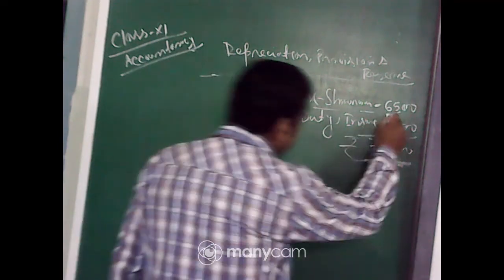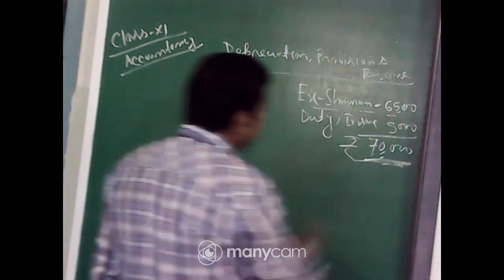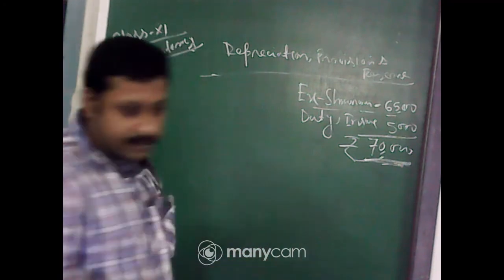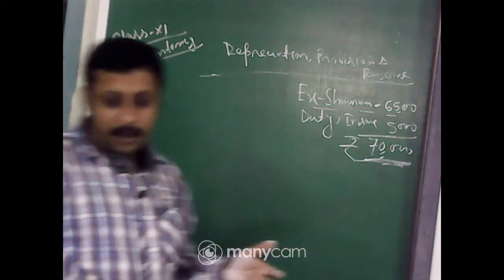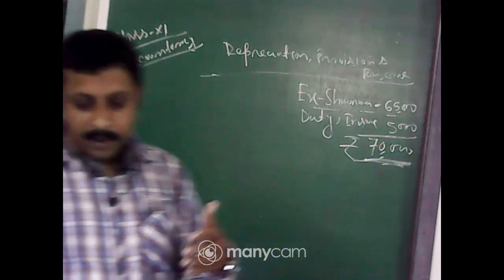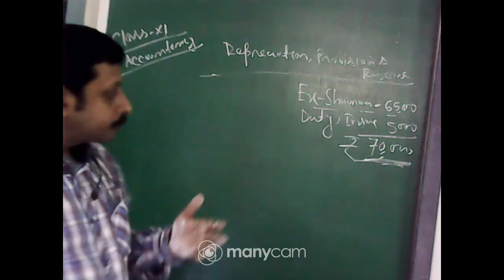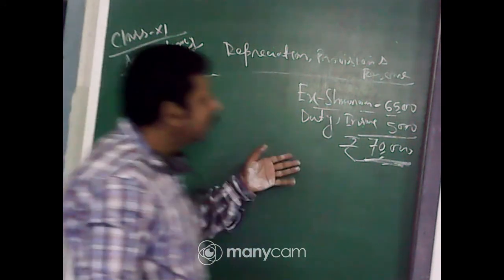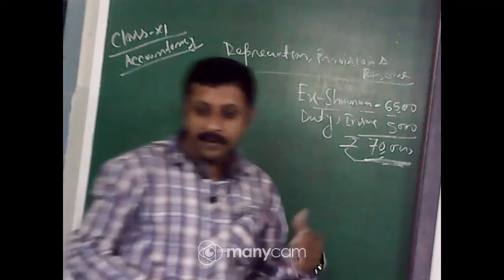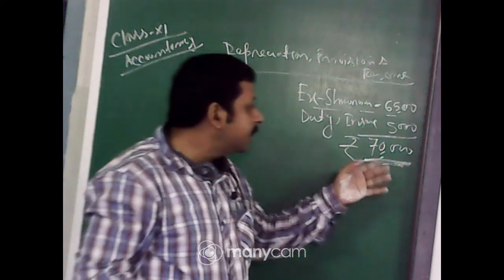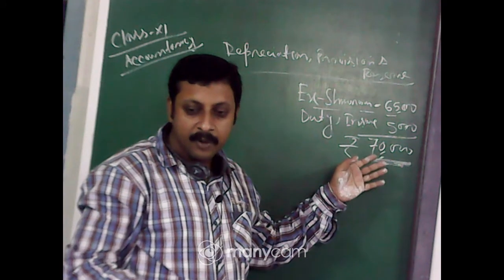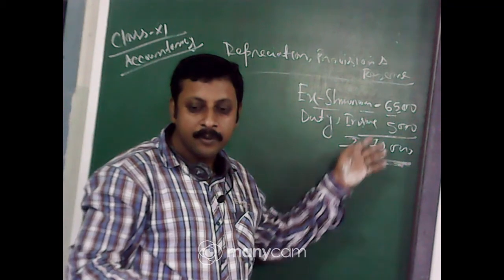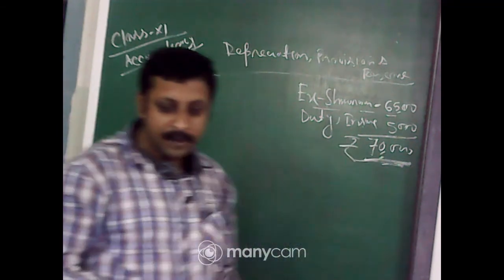That is 65,000 plus other installation cost, because you want to use this scooty on the road, so up to the road, whatever installation expenses you have made, you have to consider as a cost of this scooty, that is total 70,000.